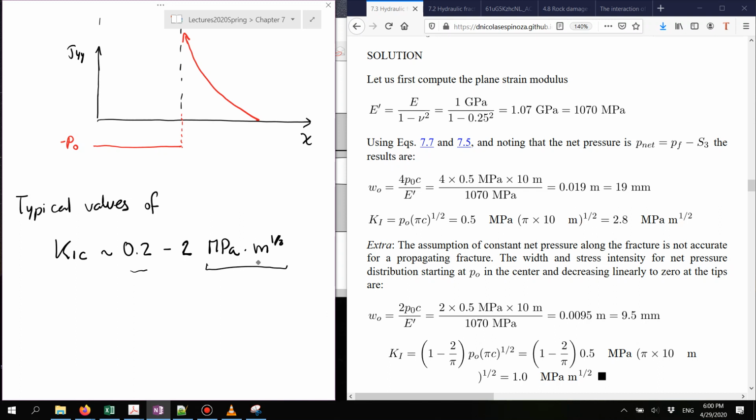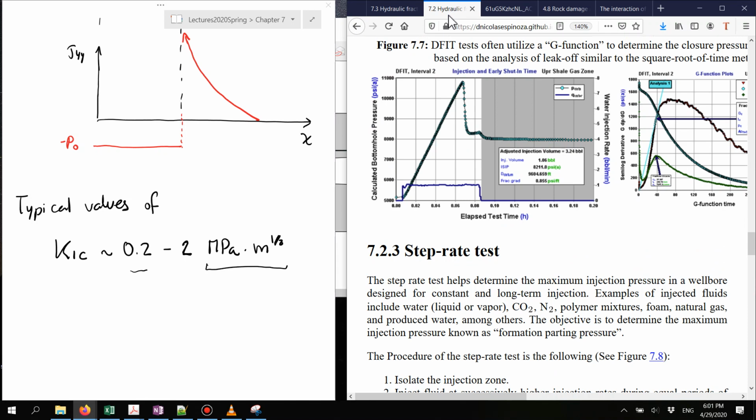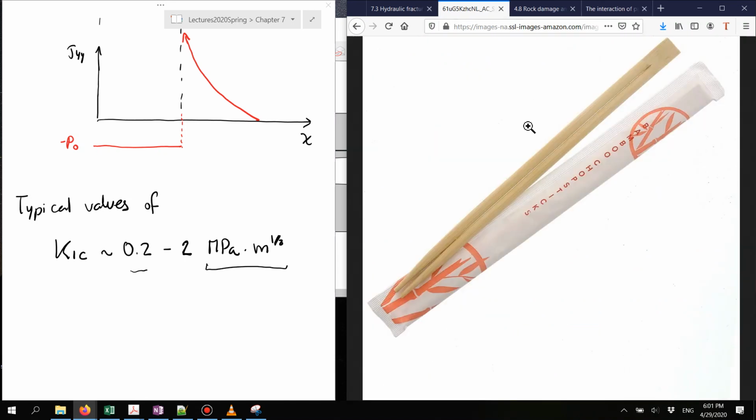It's sometimes very useful to me to illustrate the concept of fracture toughness and stress intensity with an example using chopsticks. Next time that you go into a Chinese restaurant and you grab some bamboo chopsticks, I'll ask you to try to break the chopstick by grabbing it from a place very close to the tip.